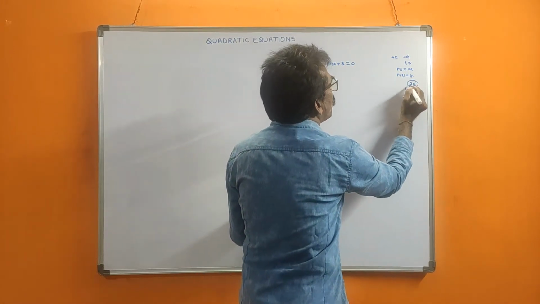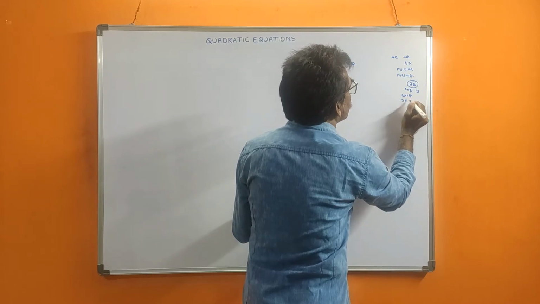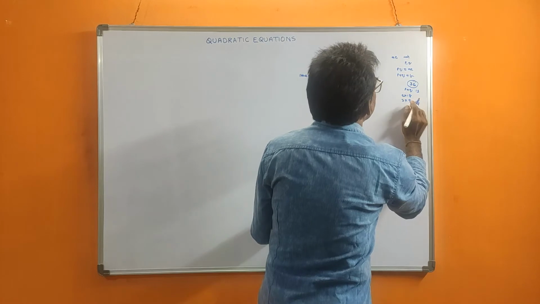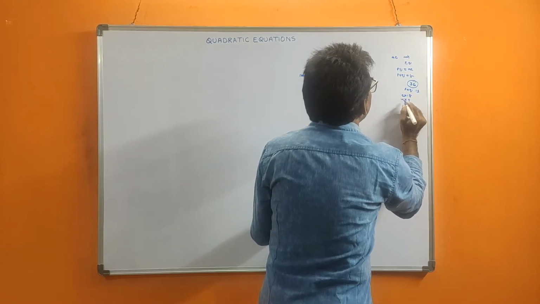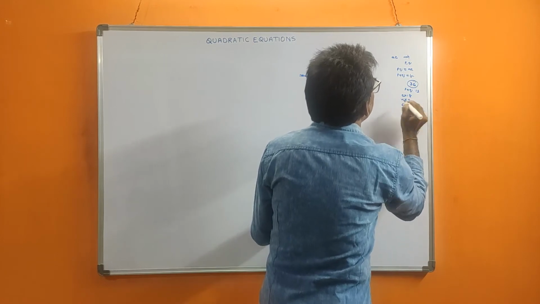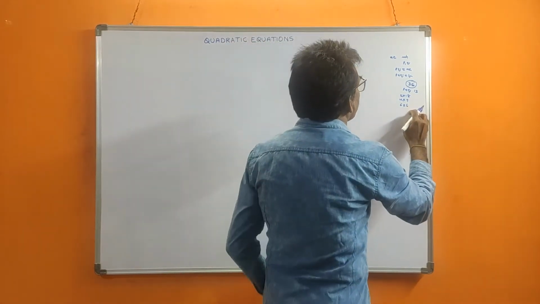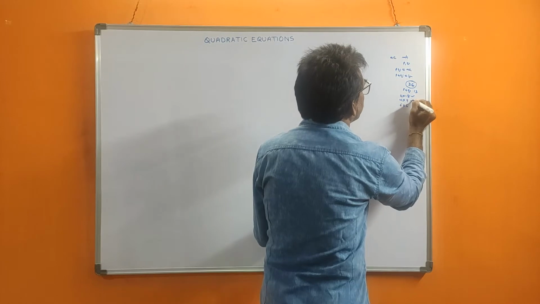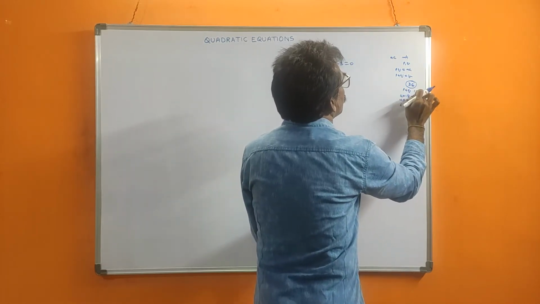Now see, the factors of 36 are 2 into 18, 3 into 12, 4 into 9, and 6 into 6. These all satisfy PQ equal to 36, but P plus Q should be 13.